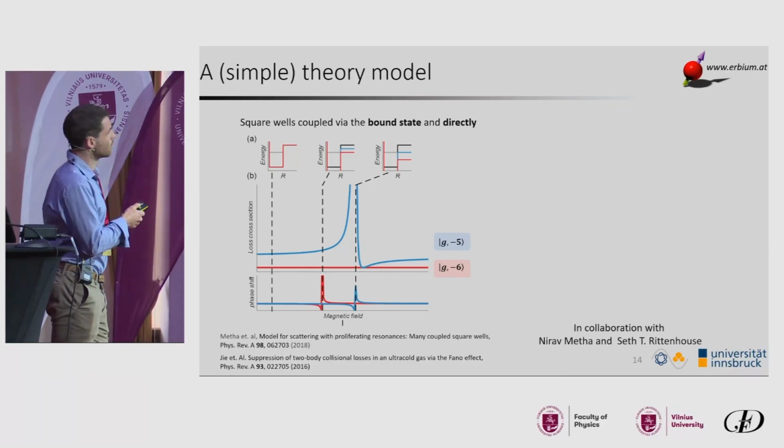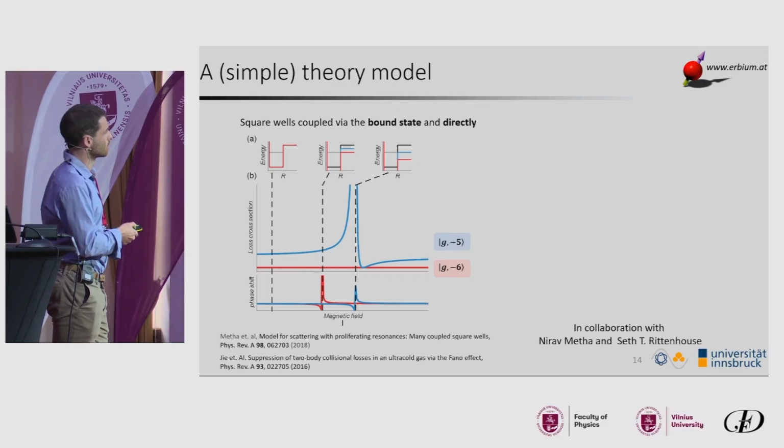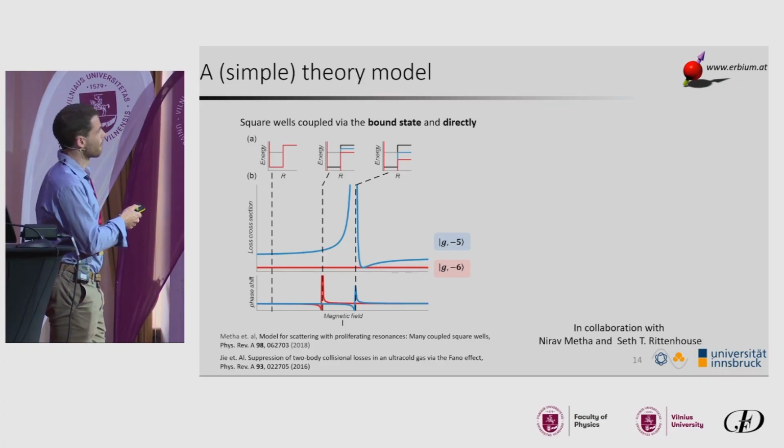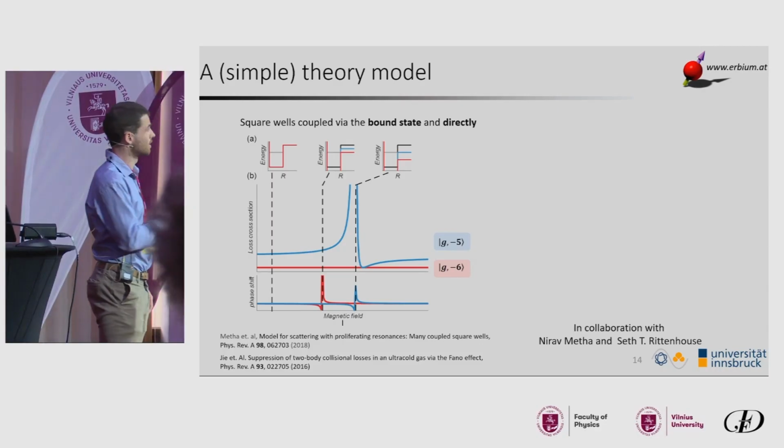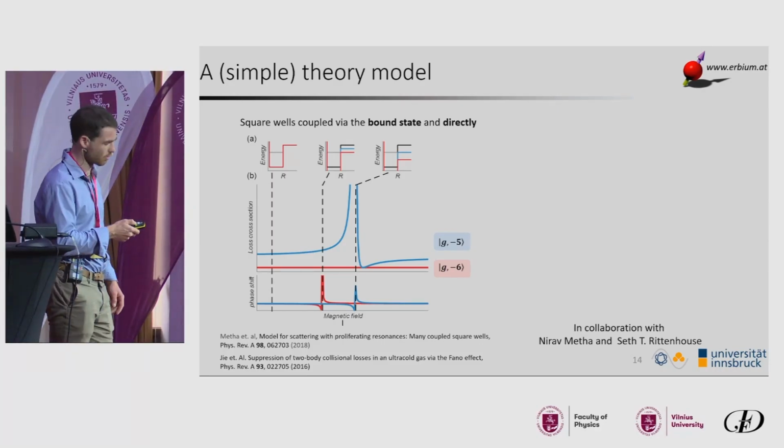Then when you get the -5 at resonance with this molecular state, you also see a change in scattering length, but the loss cross section, which is basically the probability to start from this level and go to the -6, also has this asymmetric line shape. So that's the physics, we are going in the right direction.